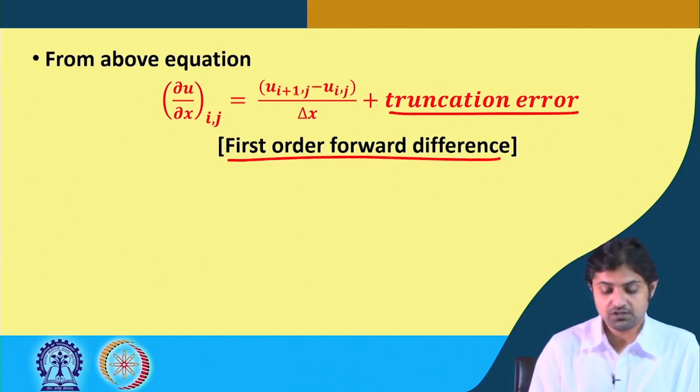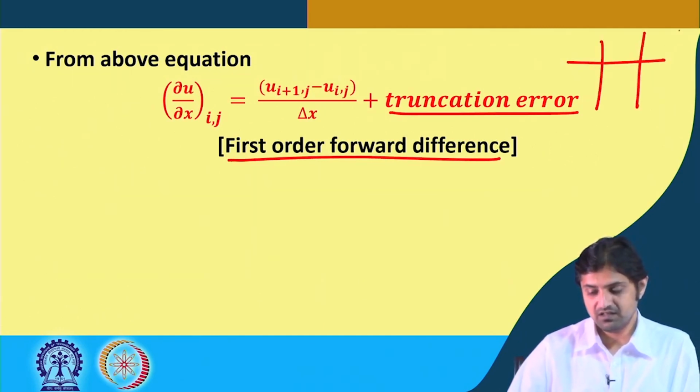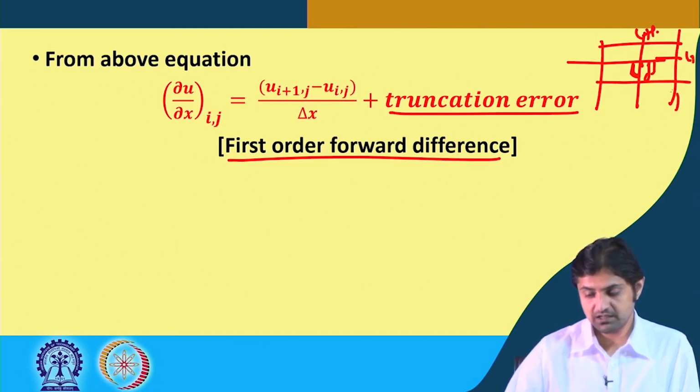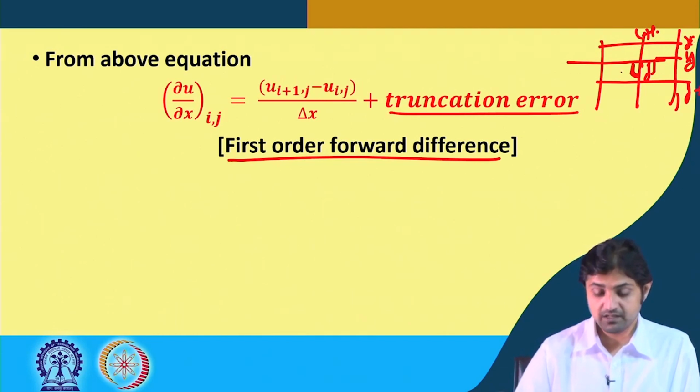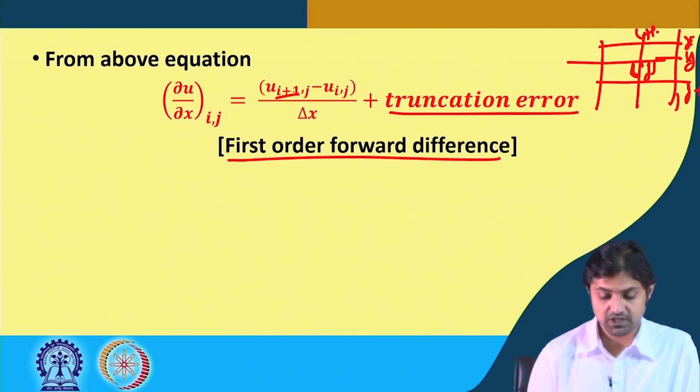Forward because we have i plus 1. So, if this is i,j and this is the i plus 1 line, and this is the j line, this is j minus 1 and this is j plus 1, that means it is forward, i plus 1.